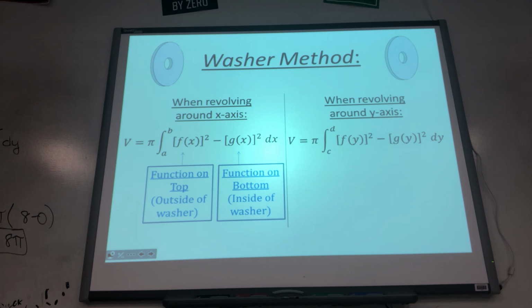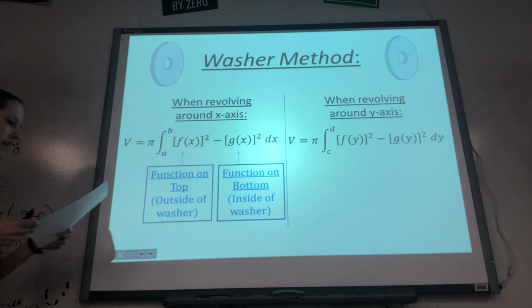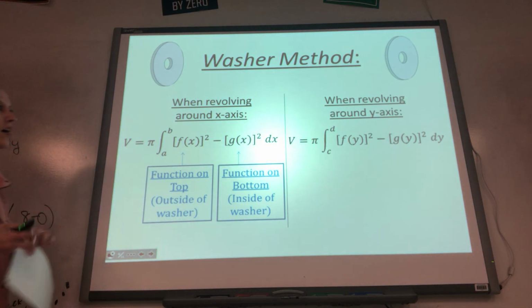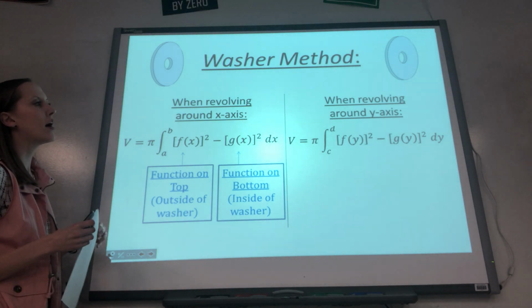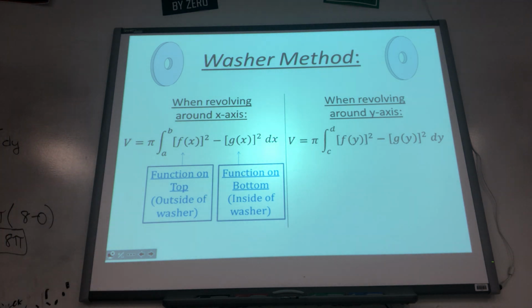It says volume equals pi times the integral from c to d of f of y squared minus g of y squared. All of that gets integrated with respect to y.